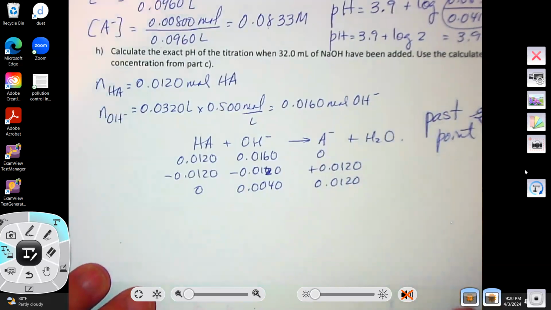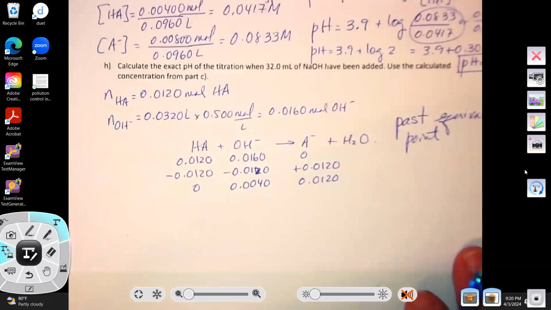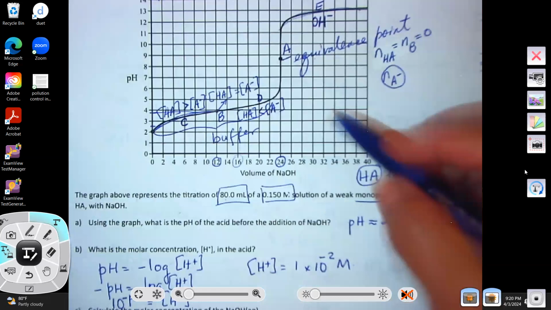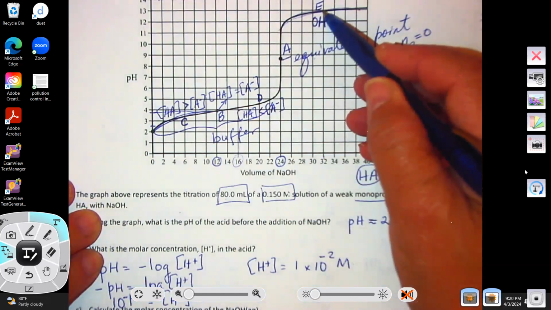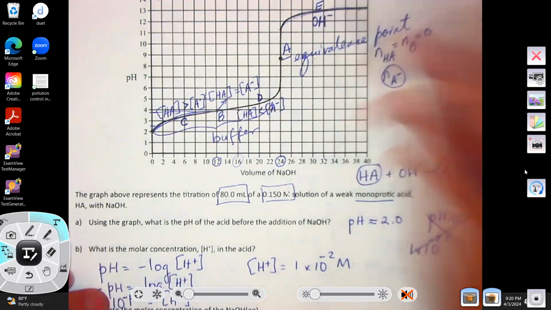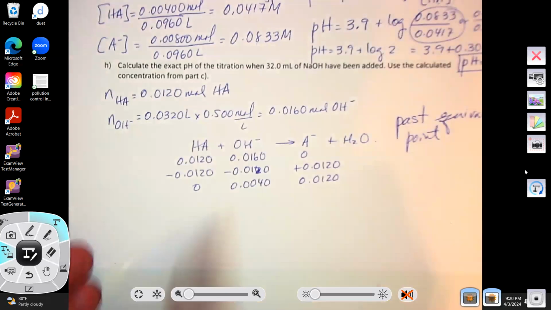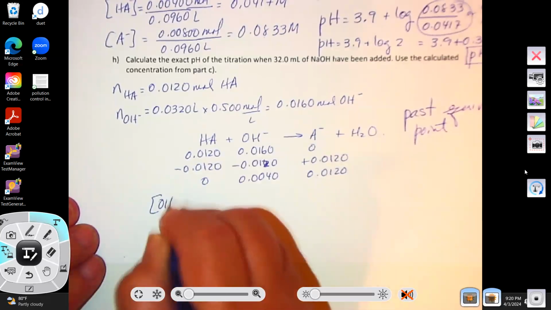Because I have an excess of sodium hydroxide now. So this point is past the equivalence point. I'm over here now, 32 milliliters. You see 32? This is where we are right now. So what is the only species present? OH.